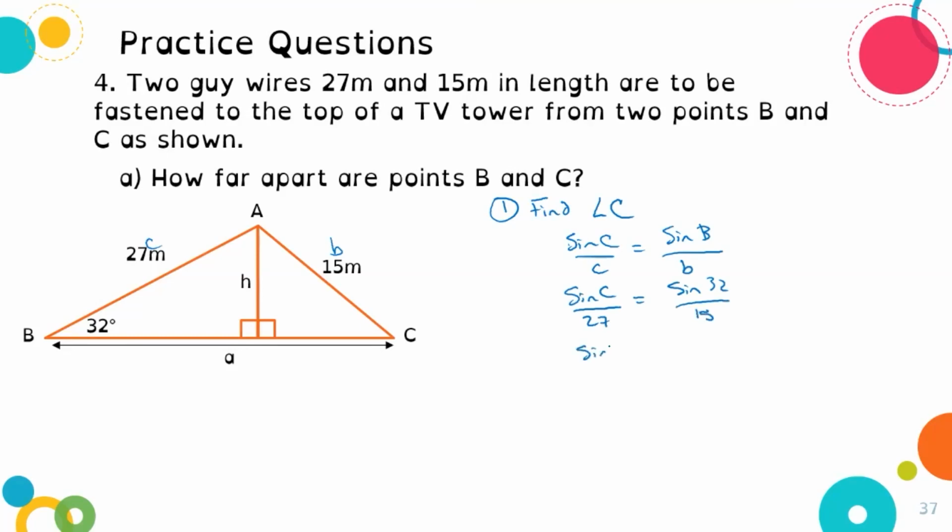So sine C is equal to sine 32 times 27 divided by 15. So angle C is equal to the sine inverse of sine 32 times 27 divided by 15.